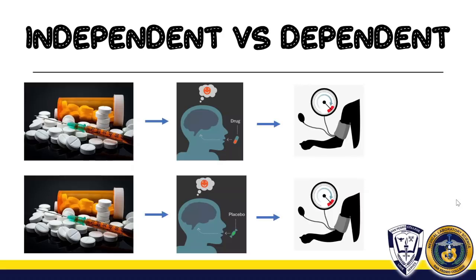So as you can see here, this is an independent sample because the blood pressure we measured is from different individuals. So that is all. Independent and dependent are two different ways in terms of how we could perform our experiments. It depends on you whether you want different groups or the same person.